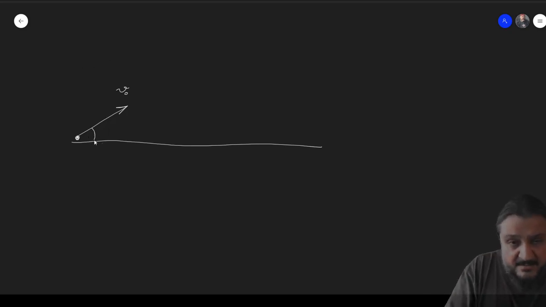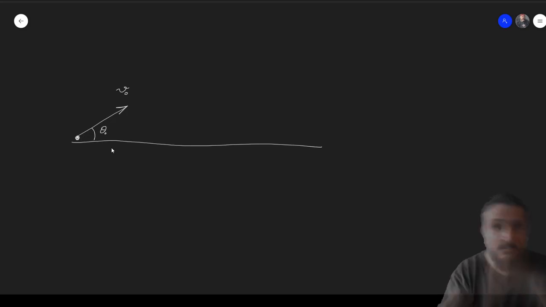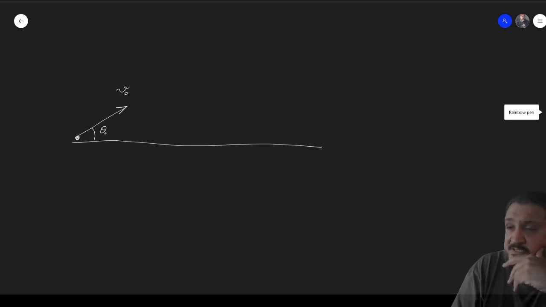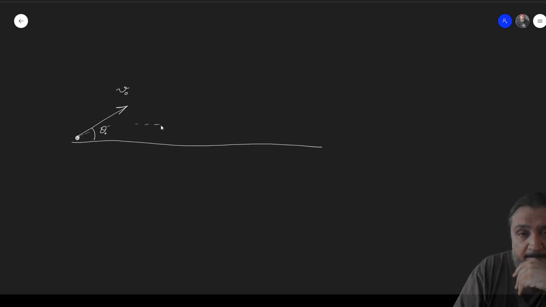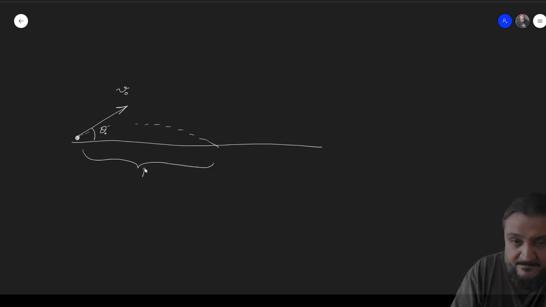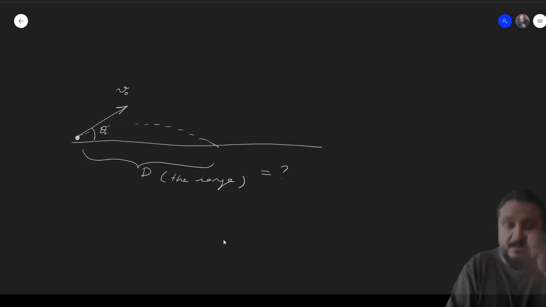And this angle here, I'm going to call it theta 0. Okay, 0 or O for origin. So the ball is going to fly in air and land here. Okay, my goal is to find that distance, d, the range.